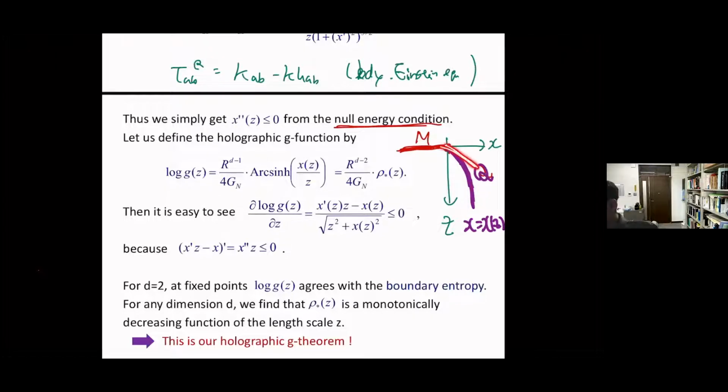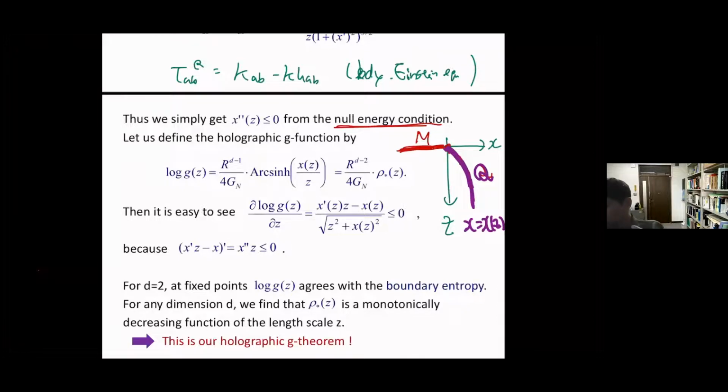So here we have a bit of a non-trivial gradient, but the gradient should decrease and go to 0, like this. So we should have this kind of boundary, but not like this. This kind of boundary is not allowed, right? This angle gradient should decrease. And at the fixed point, log g(z) agrees with the boundary entropy, as we said.